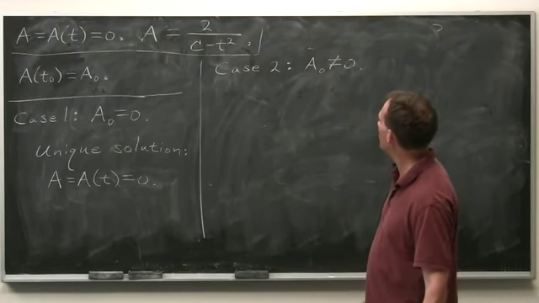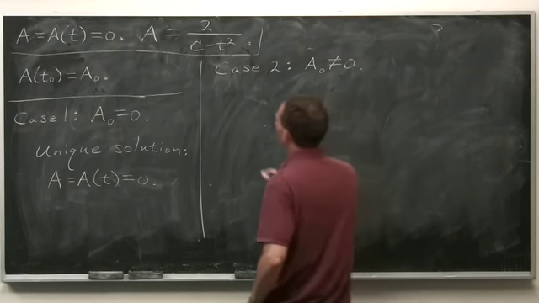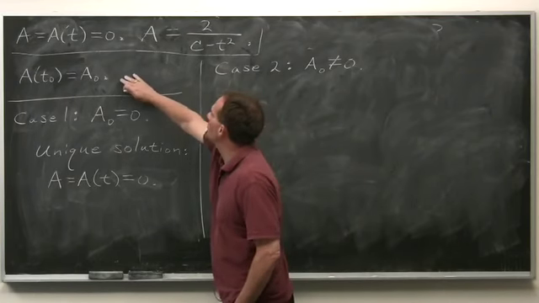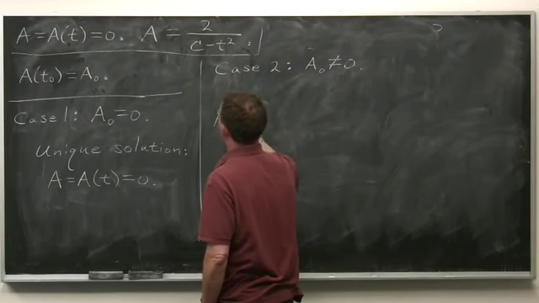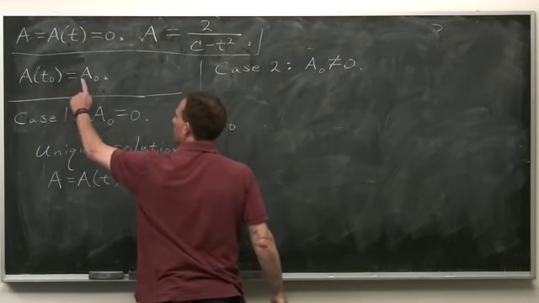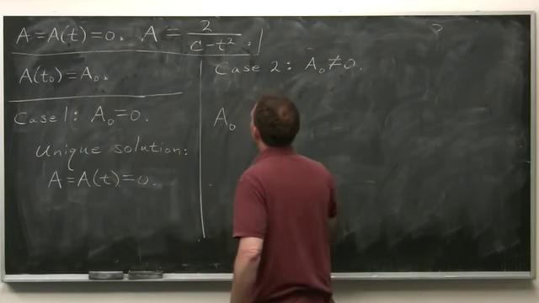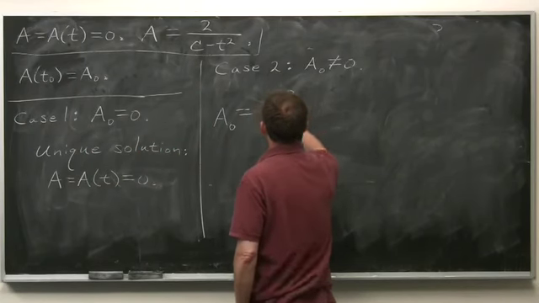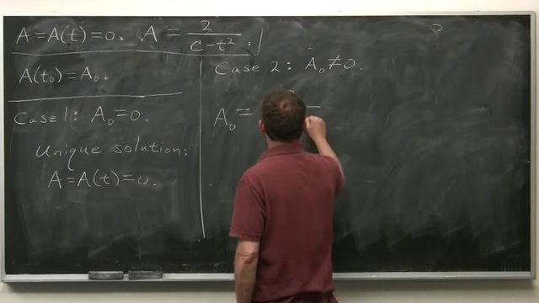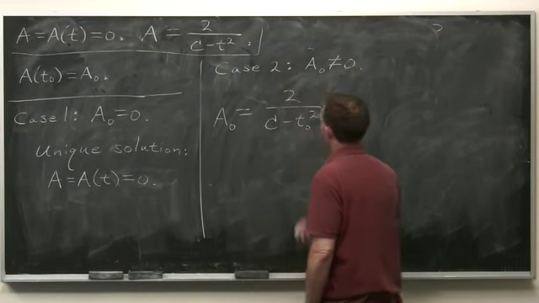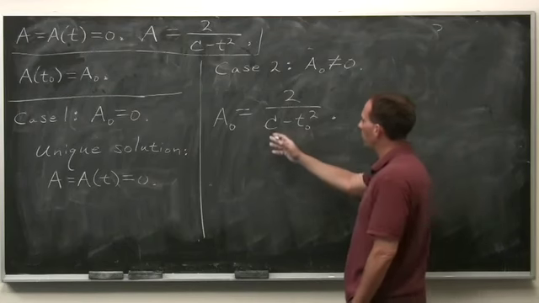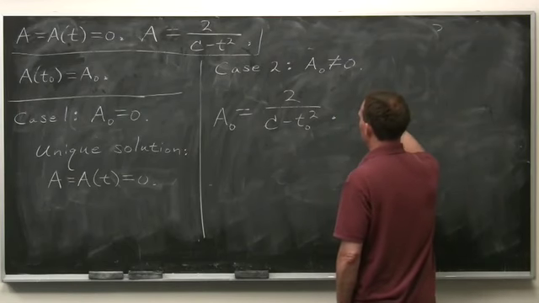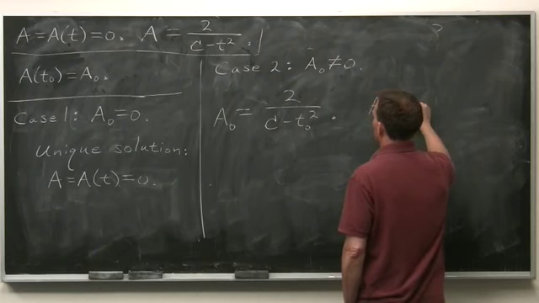So what do you get? Well, we want this initial data to be satisfied, which means that when you put in T as T naught, you should put in A as A naught, so you would get A naught equals 2 over (C minus T naught) squared. And we'd like to know that there is a C that makes this true and that there's only one. Well, multiply both sides by (C minus T naught) squared.